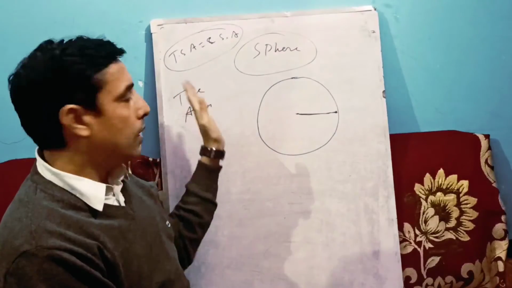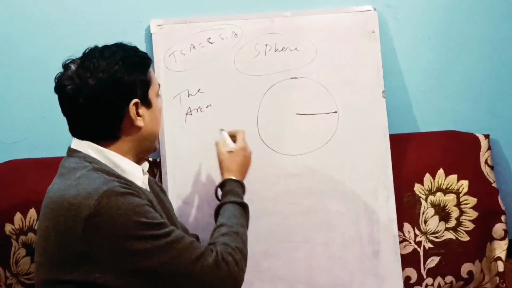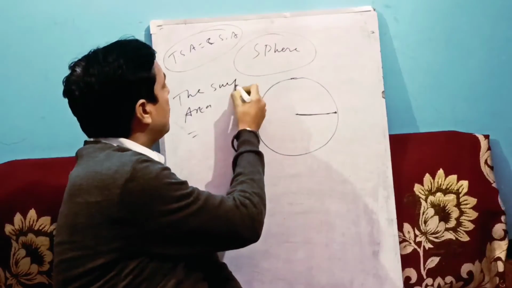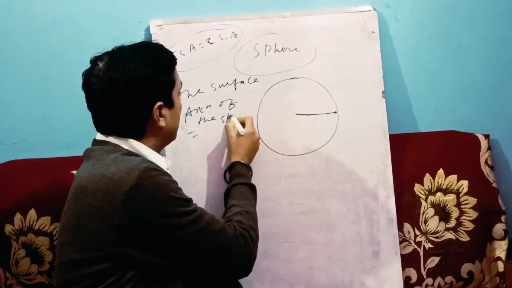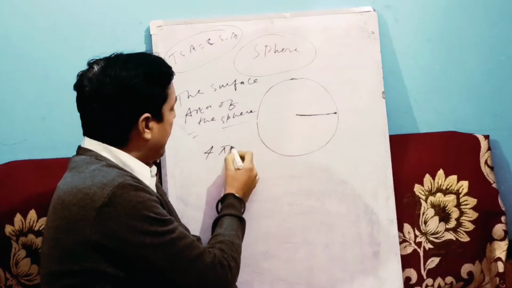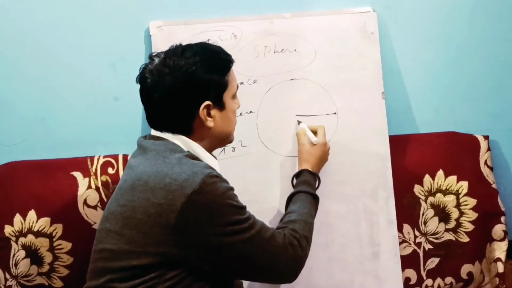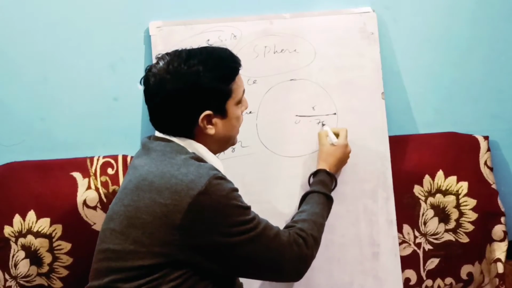So we are just discussing the surface area of the sphere, and that is equal to 4 pi r square. Suppose this is the center and the radius is equal to 7 centimeter.